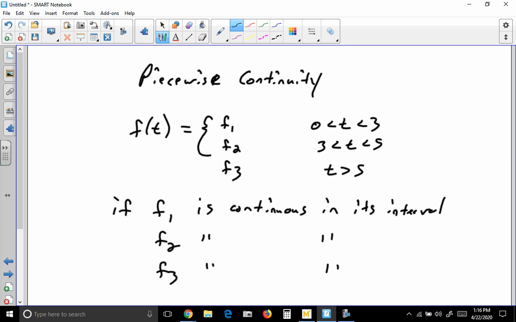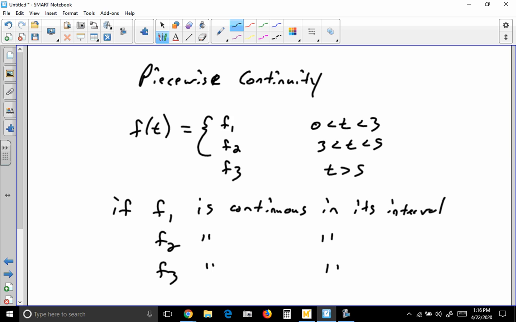Now, when we talked about continuity in calculus, for the function itself to be continuous, then these functions had to be equal where it transitioned from one function to the next at the boundaries. So this function and this function had to equal at 3. These functions had to equal at 5. But for piecewise continuity, we don't have to include that. As long as each function independently is continuous on its given interval, then we have piecewise continuity.